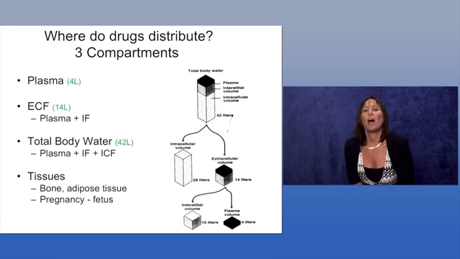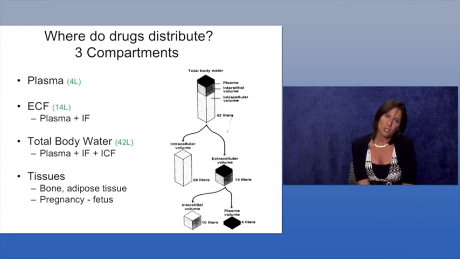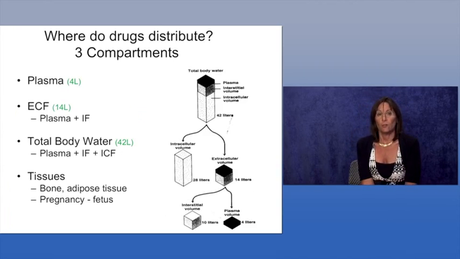So we said that a drug could distribute into 3 functional compartments. So let's take a look at those. The first and the smallest is plasma. And in an average man, there is approximately 4 liters of plasma. In addition to plasma, then is the fluid that is considered extracellular fluid. And this volume is approximately 14 liters.